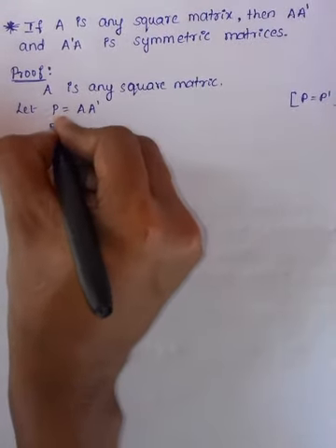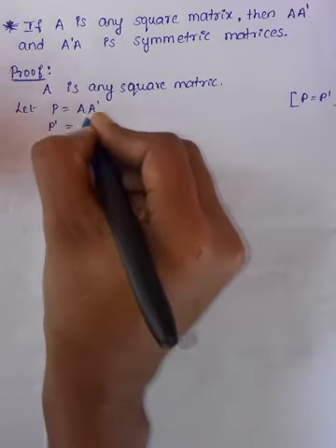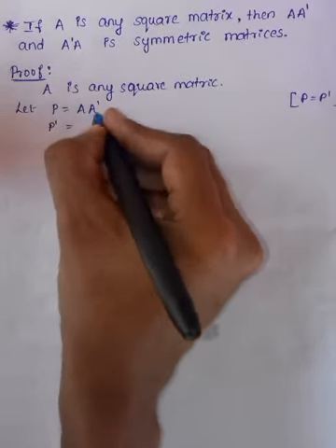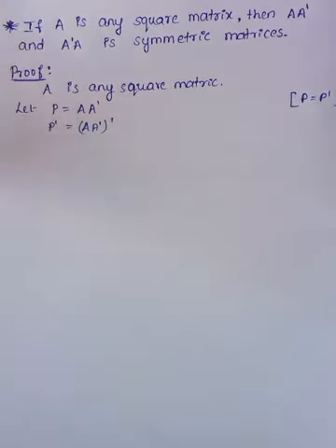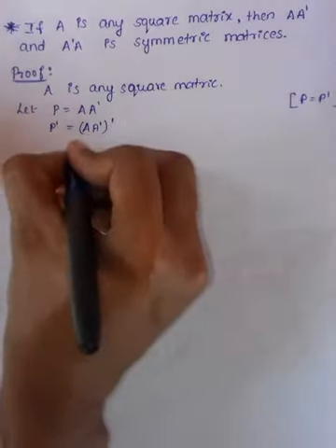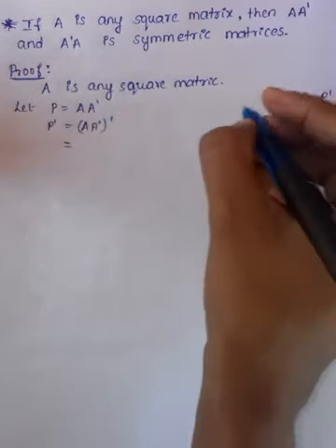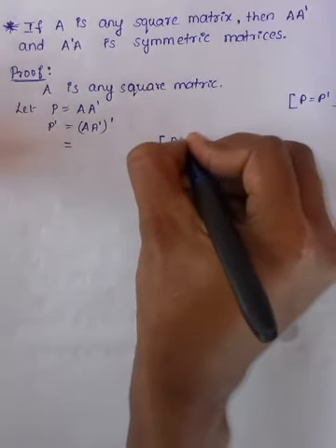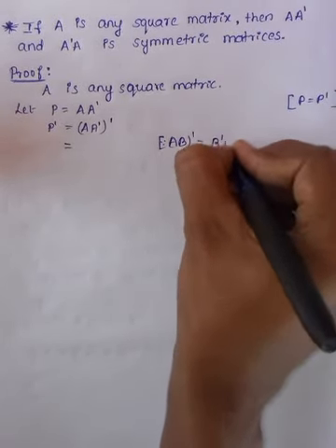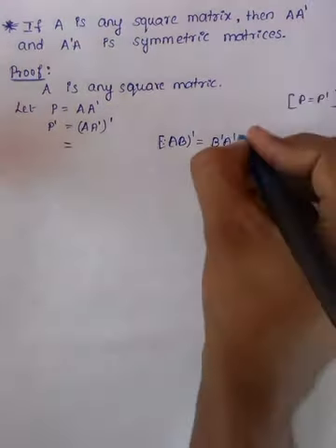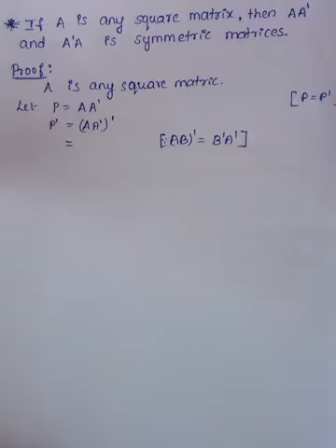See, take the transpose, P transpose, on both sides: A into A transpose whole transpose. AB whole transpose equals B transpose into A transpose. This is a property of the transpose of a matrix.